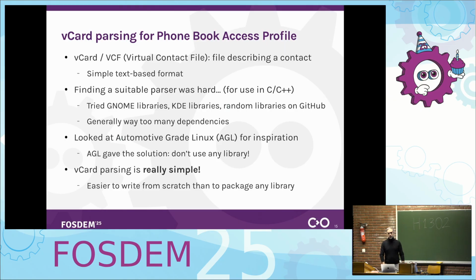They were too hard to package, too many dependencies. And then we looked at Automotive Grade Linux, which had something else. It actually had a parser itself, a very simple parser. And we adopted that solution. We implemented vCard parsing again, which is so simple, it's much easier to write a parser than to package any library.